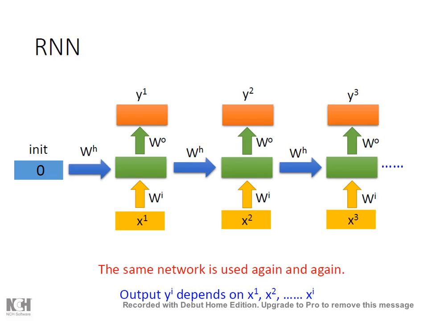But at each time step, we just use the same network. We don't change the framework, we don't change the network. We use the same network again and again. But the difference is the memory. At each time step you have a different memory.